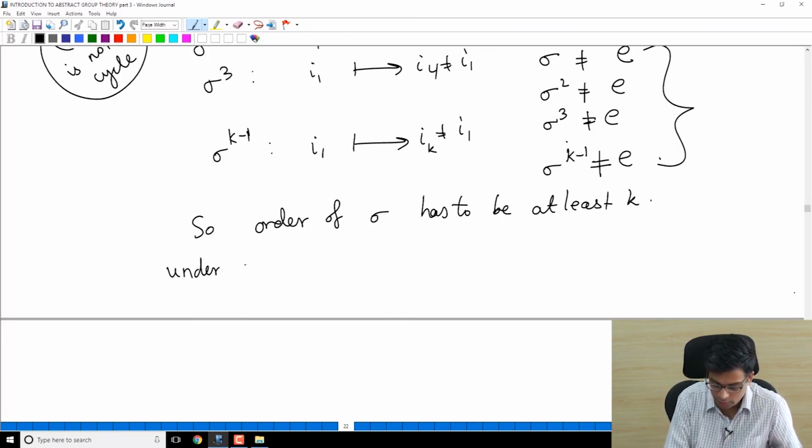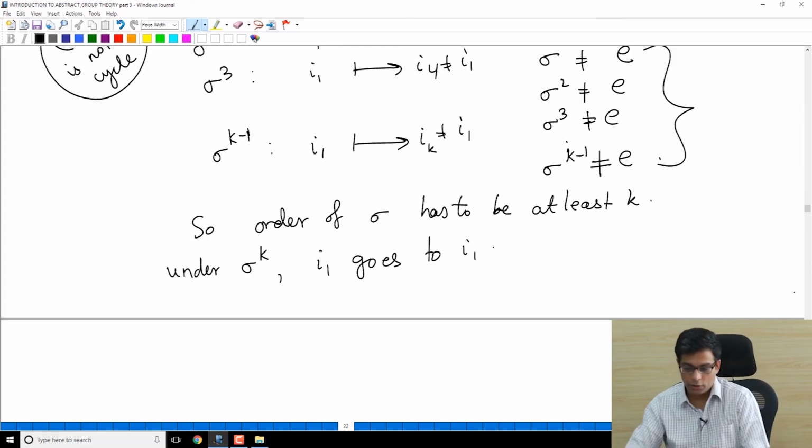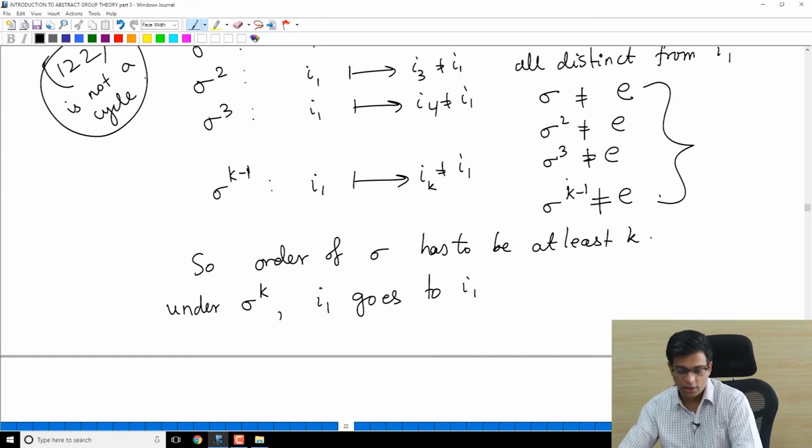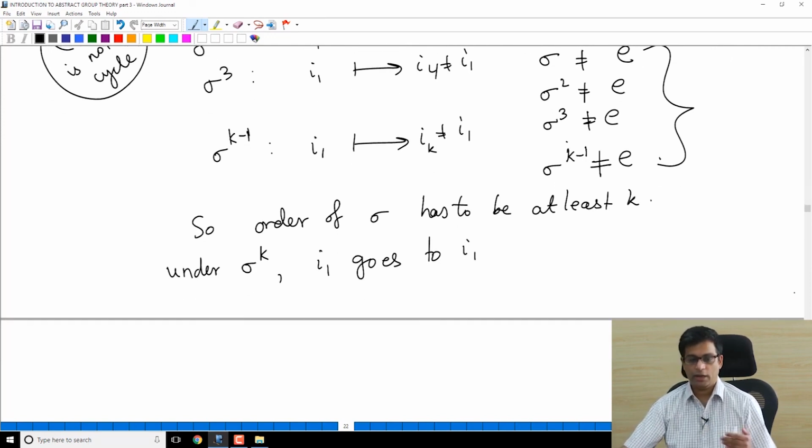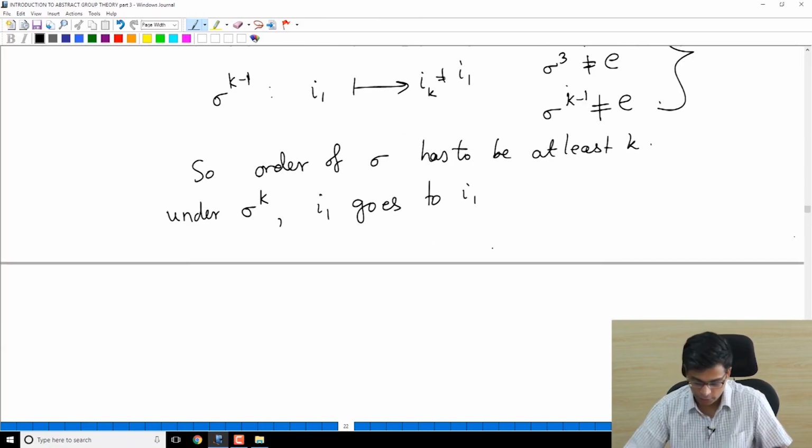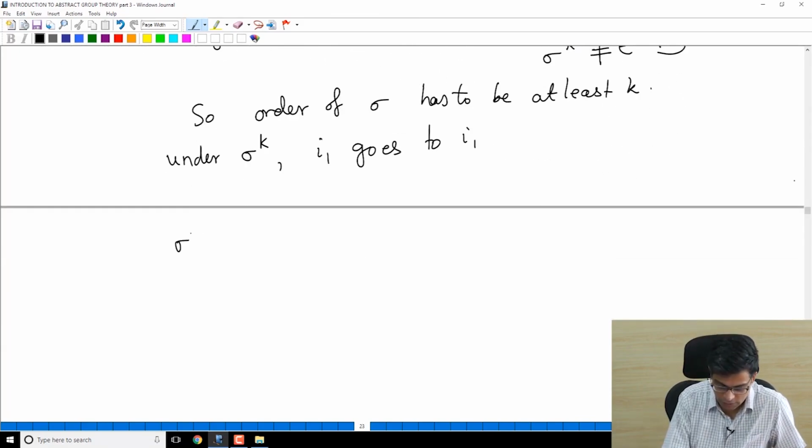Under sigma k, I1 goes to I1, right? Because under sigma k minus 1, I1 goes to Ik. If you apply sigma again, it goes to I1. So far so good. Sigma k has the chance to be identity element because I1 goes to I1. What about sigma k of I2, right?